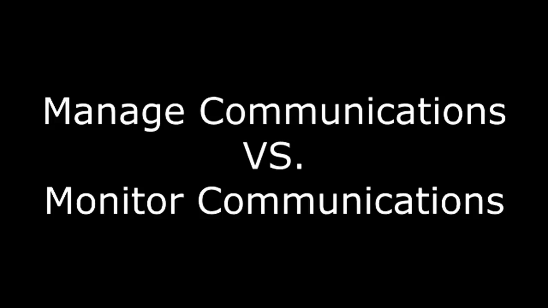It states, the monitor communications process can trigger an iteration of the planned communications management and/or managed communications process to improve effectiveness of communication. So let me give you an example.